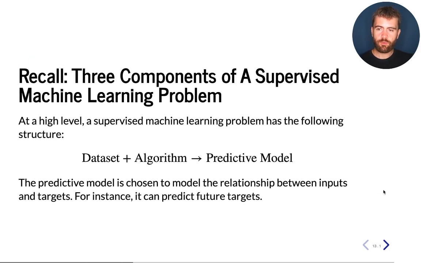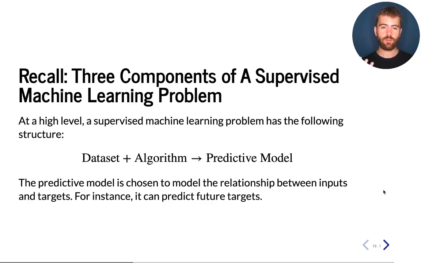So recall from our earlier video that a supervised learning problem can be seen as having the following three components: a data set, an algorithm, and when you combine the two, the output is a predictive model. So for example, if we were to build an object detection system for a self-driving car, we would only need to specify a data set where there would be some signal about the behavior that the computer should take, and we would also specify a learning algorithm.